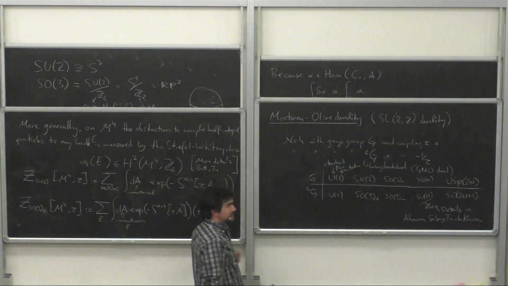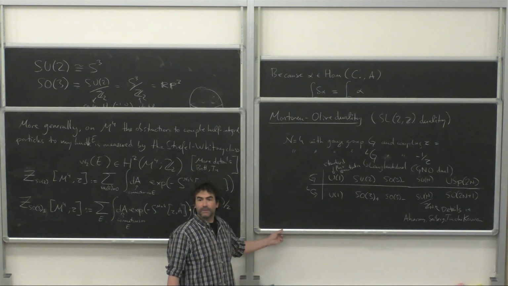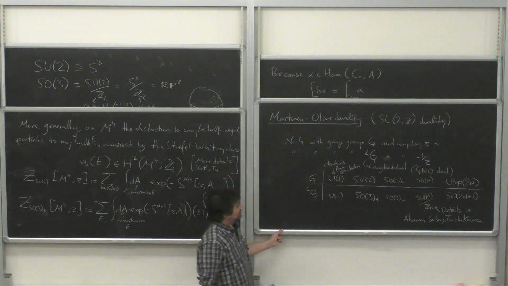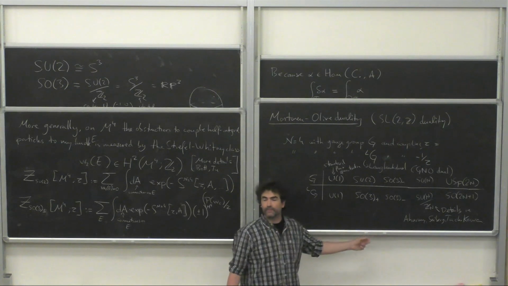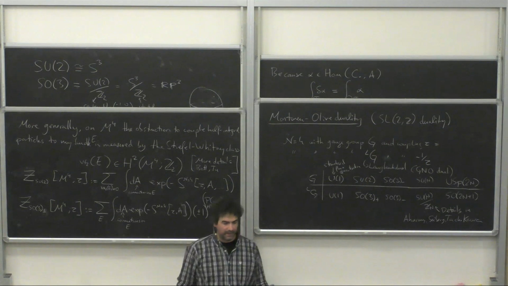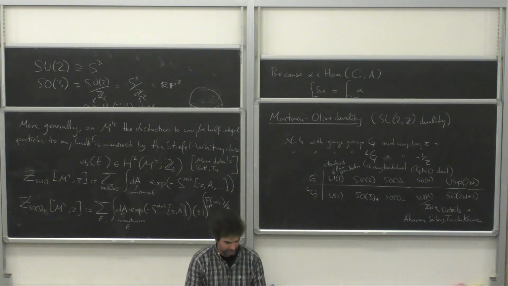Sorry, and can we see this from the Dynkin diagrams, for example? Is this related? It's related, yeah. It can be read from the Dynkin diagram, but the operation is not entirely obvious.